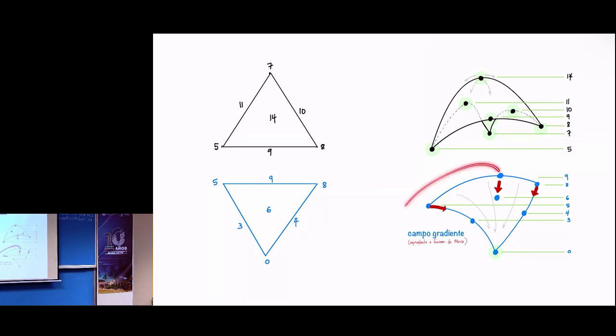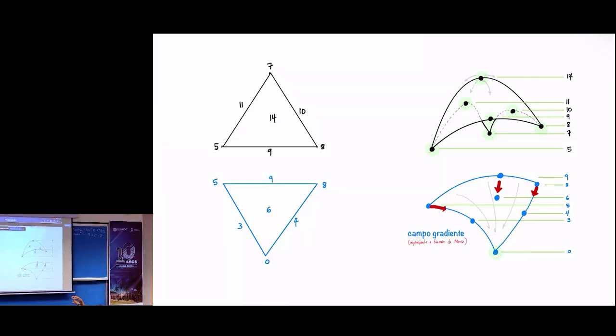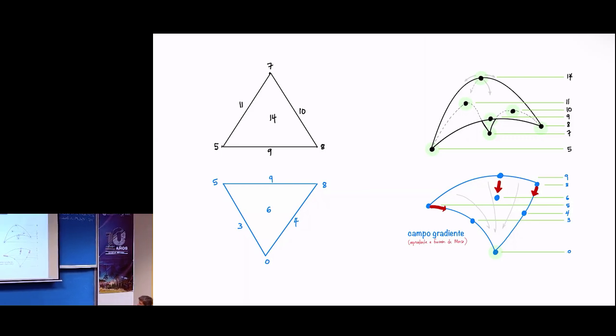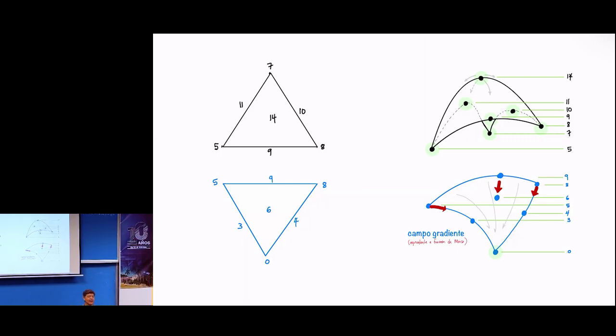But in this situation, you can see this triangle is in this shape. And if you put a drop of water in each of the barycenters, it will follow the lines that you see in red there. So that would be intuitively the discrete analog of the lines.